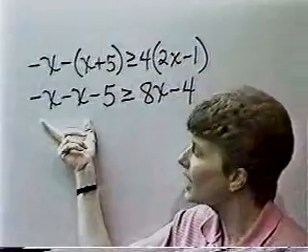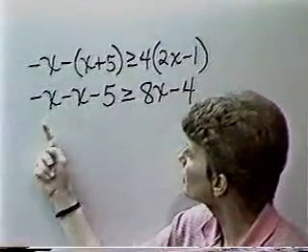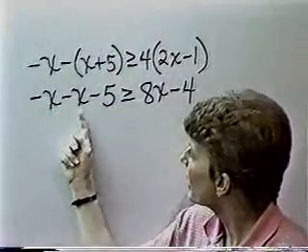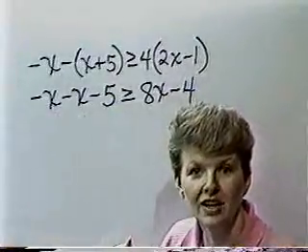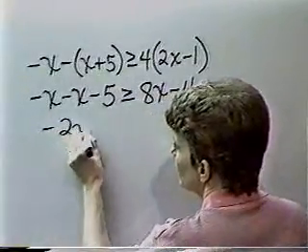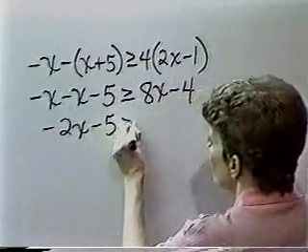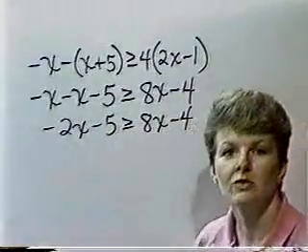On the left-hand side, I've got a couple of like terms, so let's combine these two like terms. Negative x minus x, or think of it as negative 1x minus 1x, that would be negative 2x, minus 5 is greater than or equal to 8x minus 4.